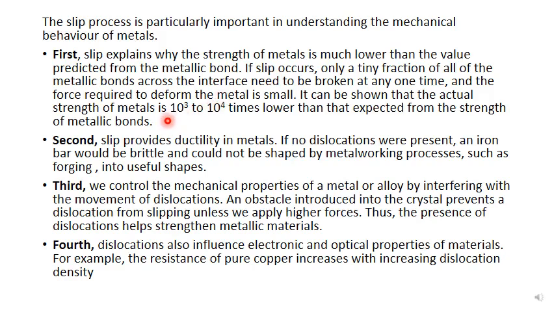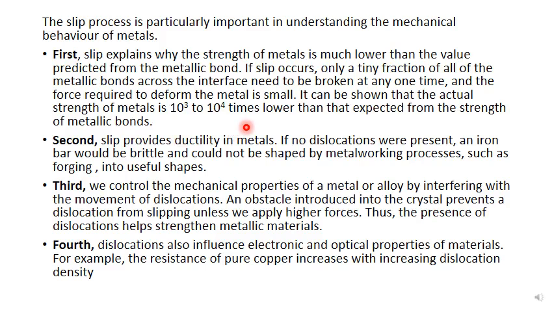And it is calculated that the energy needed... It has been shown that the actual strength of metals is 10 to the 3 to 10 to the 4 times lower than that expected from the strength of metallic bonds.